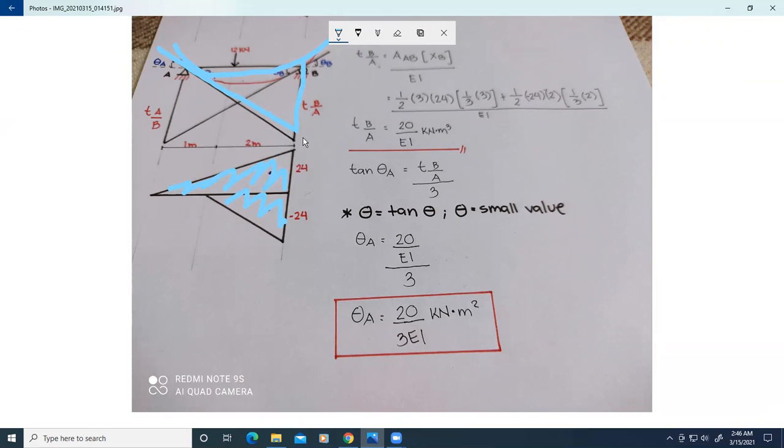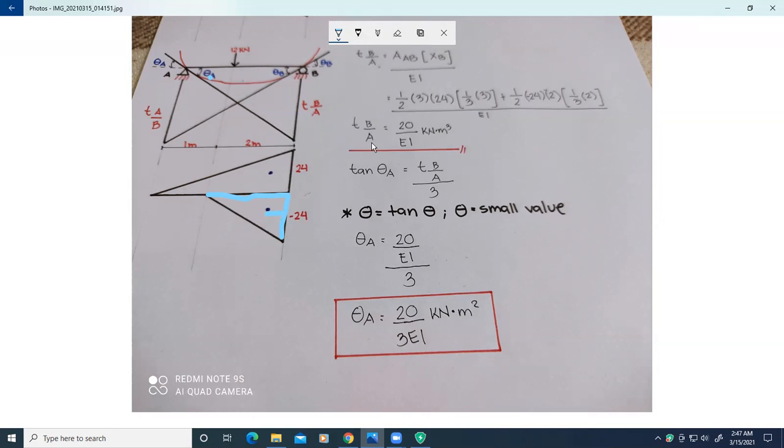So it's 1/2 base 3 meters times 24, its magnitude, and the centroid is 1/3 of 3 from the reference point B, plus the negative area, 1/2 times negative 24 times base 2, then the centroid of 1/3 times 2.